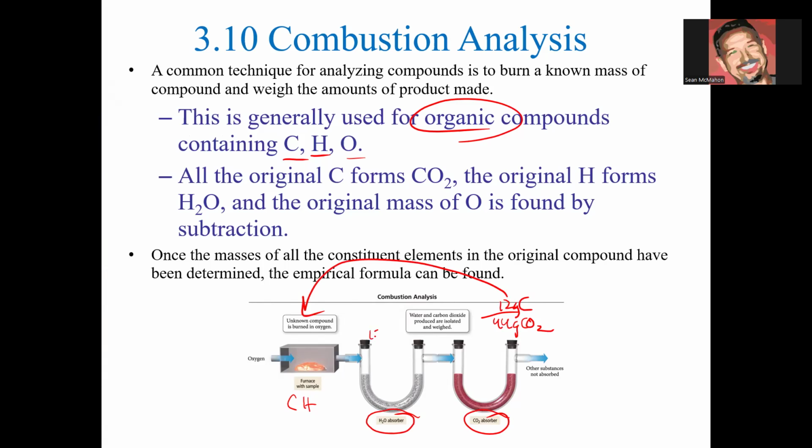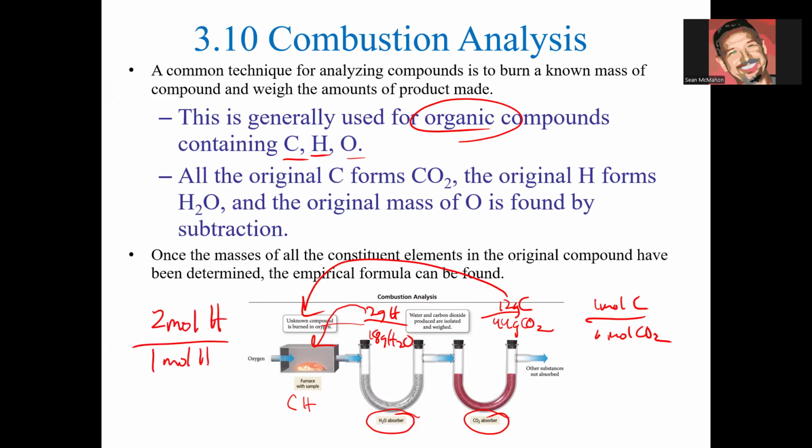And from my 18 grams of H2O, there's 2 grams of hydrogen, and that came from there. I could also do mole ratios. There's 1 mole of carbon per 1 mole of CO2. Or come over here, 2 moles of hydrogen atoms per 1 mole of H2O.